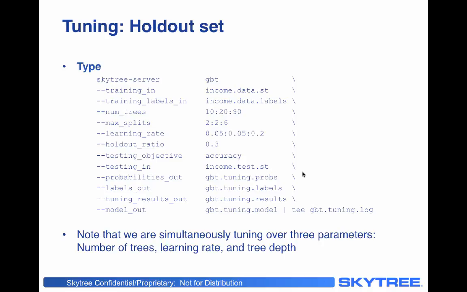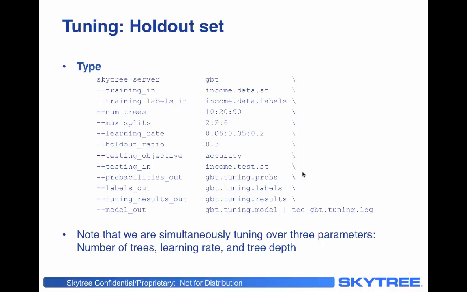And in the same run, we're also specifying a test set. So what Skytree is going to do is it's going to tune over these parameters that we specify. And once the tuning is done and the best model is found, Skytree is going to read this test set and it will make predictions by using the best model that it has found by doing the tuning.